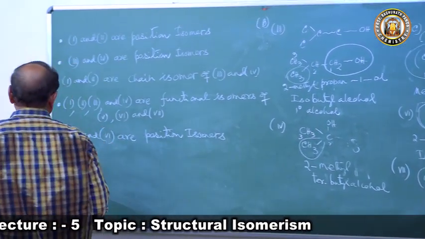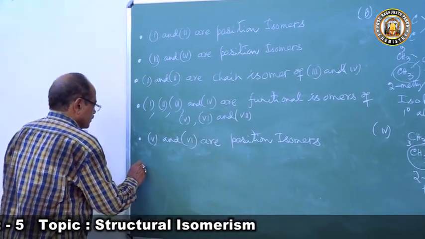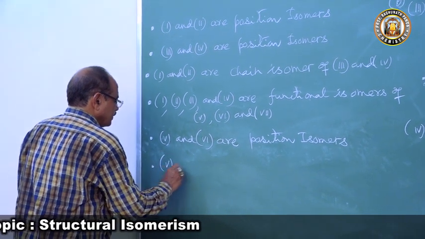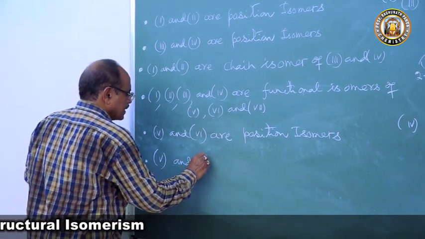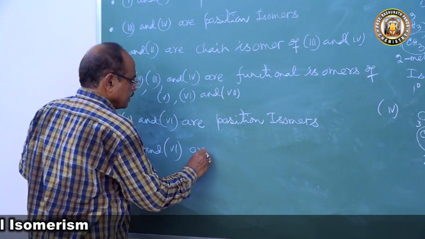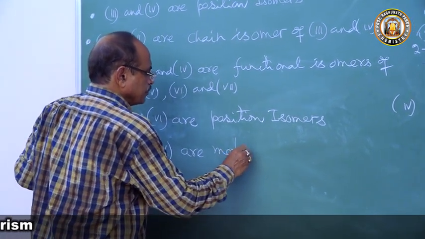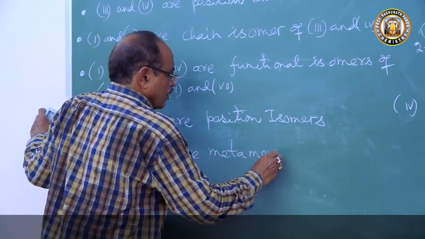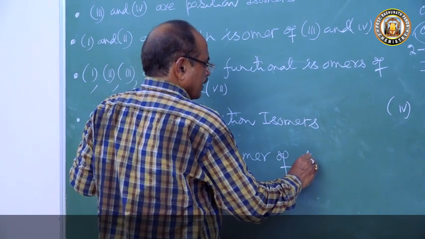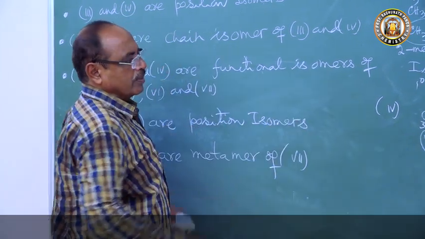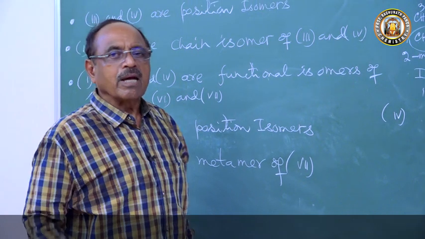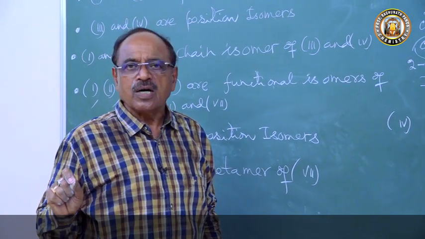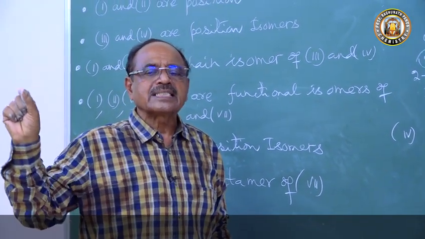So we will say 5 and 6 are metamers of 7. A critical question may come in your NET exam: the number of metamers possible for the structure C4H10O.